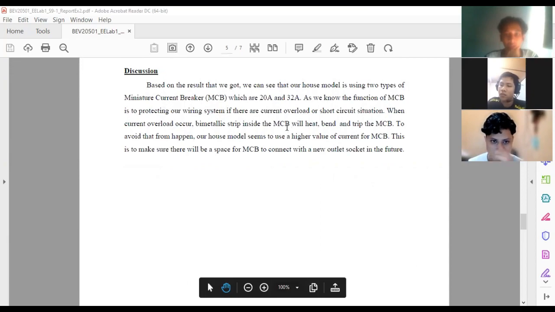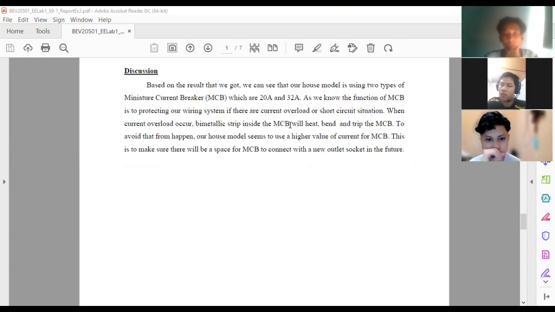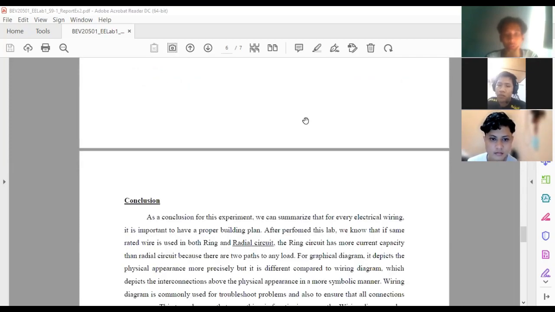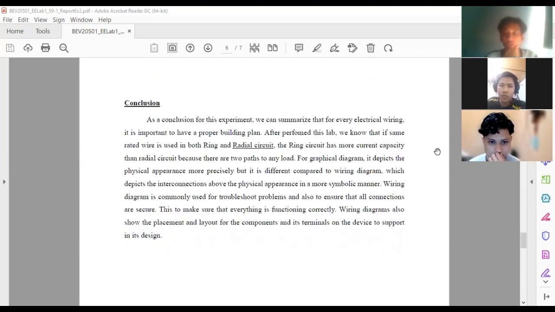And for how the MCB works, inside the MCB there is a bimetallic strip that will heat and bend when there is a current overload, and after that the MCB will trip. So for the conclusion, I will pass to Abdul Hakiman.